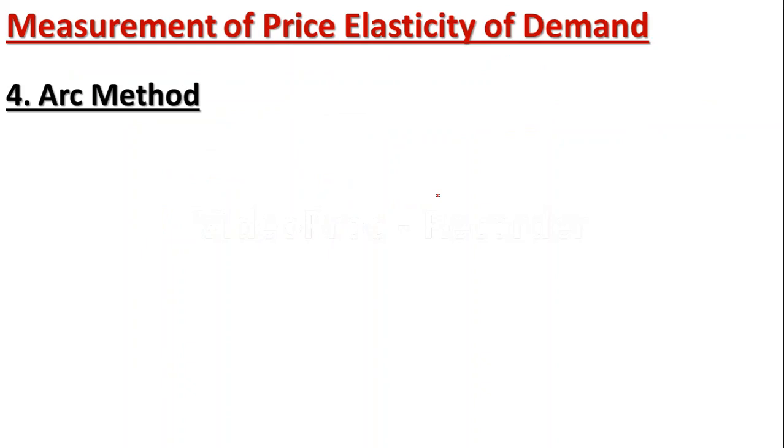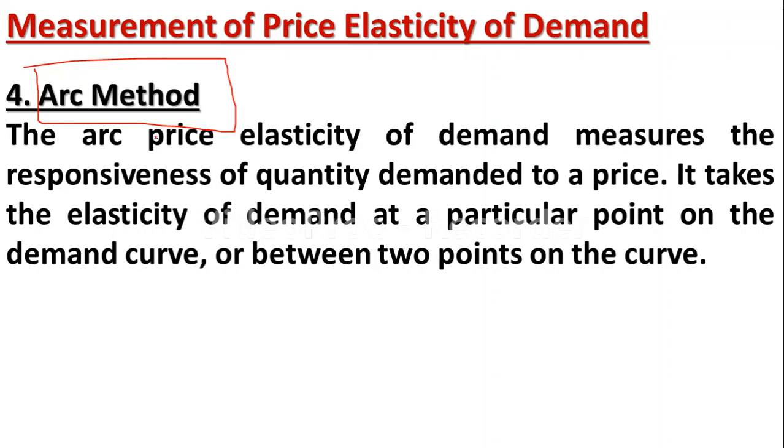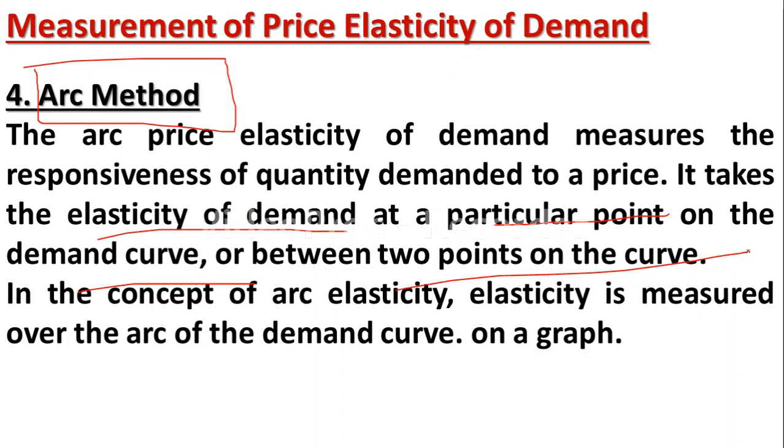Then the next method is the arc method. By this method also we can calculate price elasticity of demand. Here the arc price elasticity of demand measures the responsiveness of quantity demanded to a price, and this arc method is going to take elasticity of demand at a particular point on the demand curve or between 2 points on the curve. So in this concept, arc elasticity is measured over the arc of the demand curve.